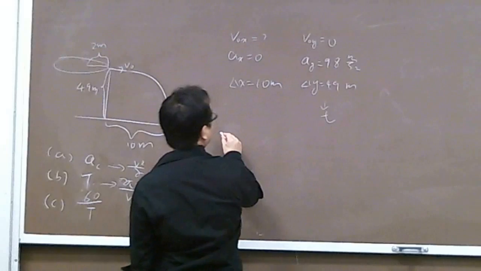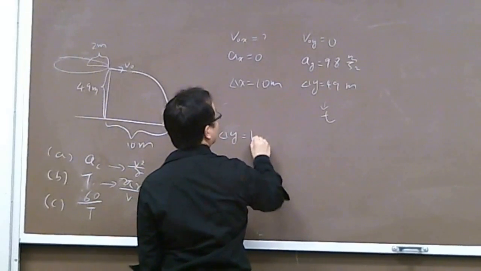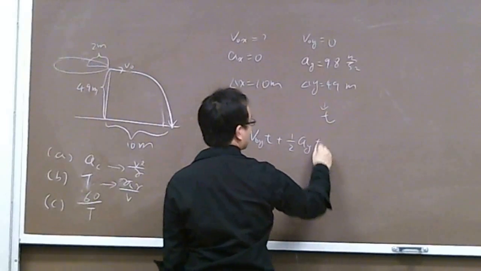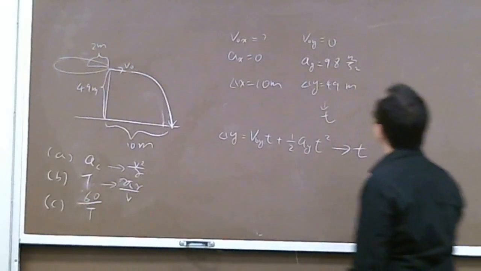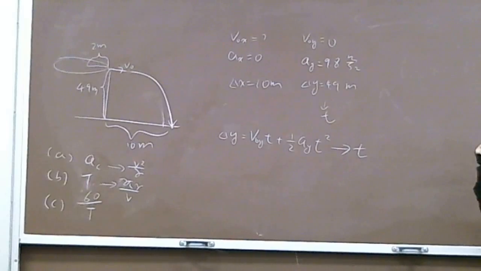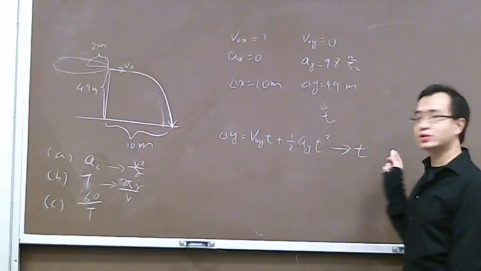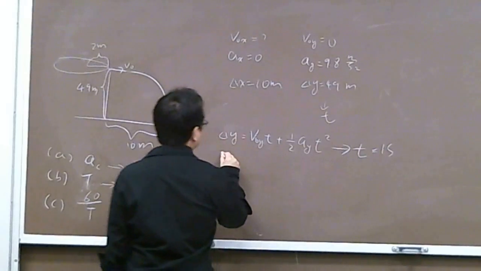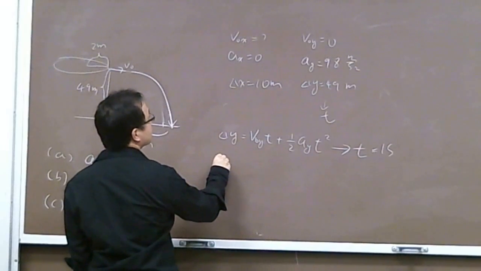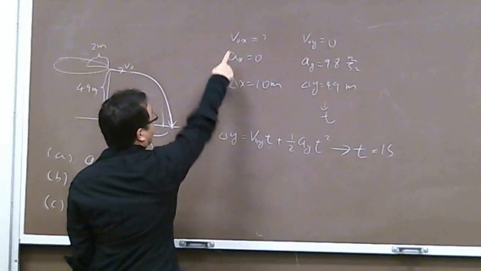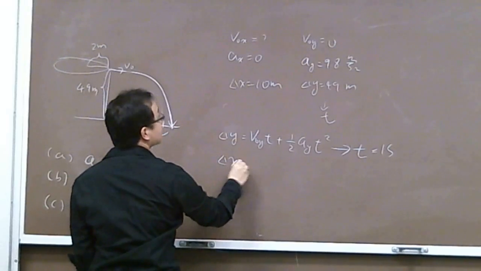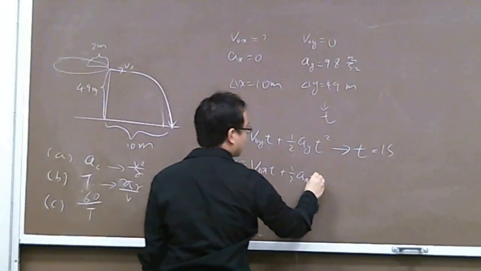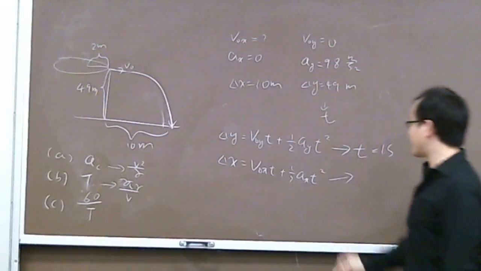From here, delta y equals v naught y t plus 1 half a y t squared. This will give you time t. I think it's 1 second, right? Okay, so you have that. And then along the x direction, you have delta x equals v naught x t plus 1 half a x t squared. Since ax equals 0, this calculation is very simple.